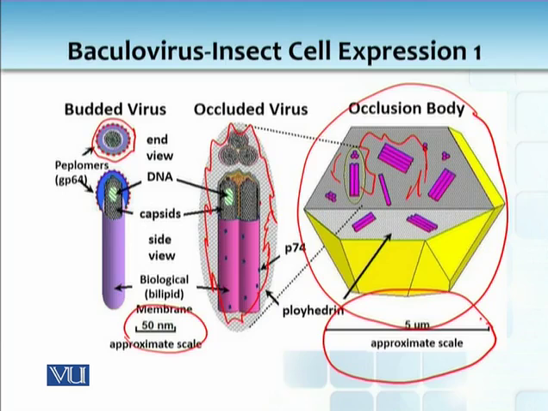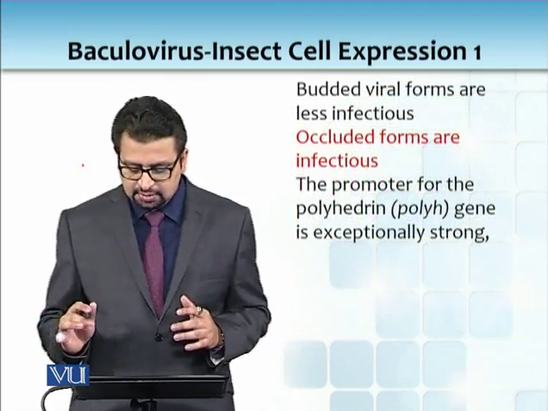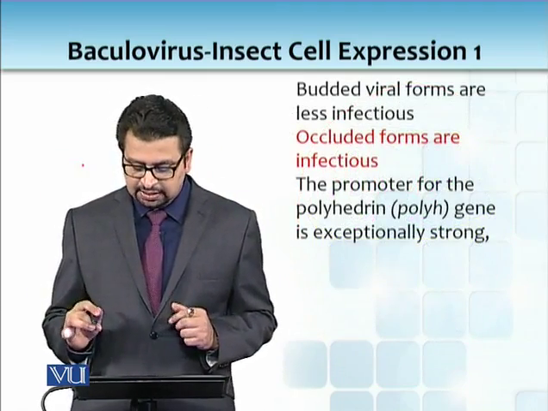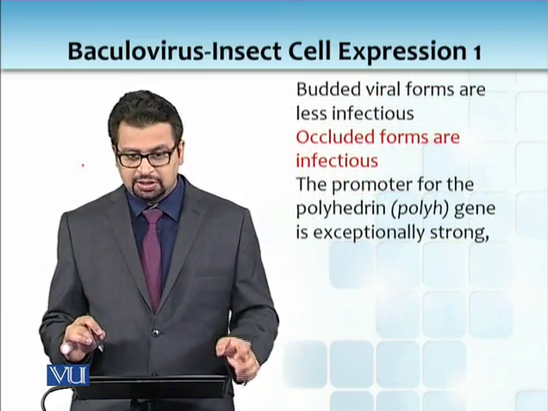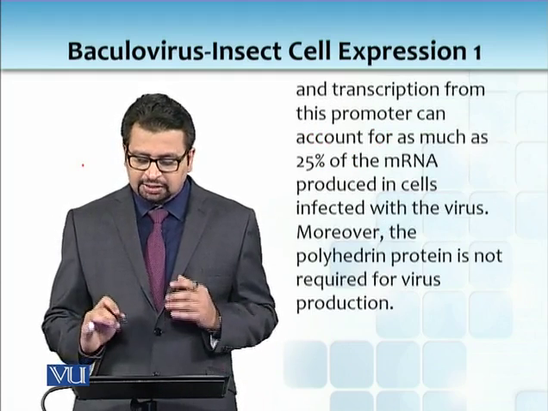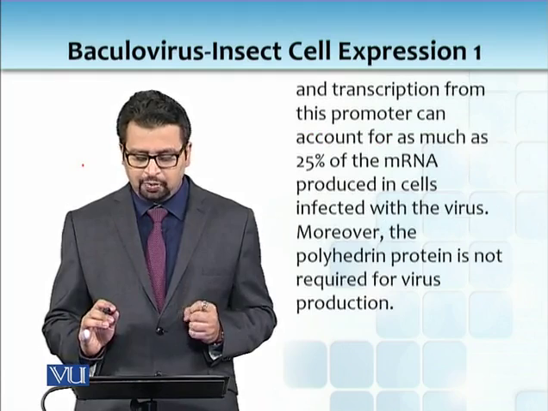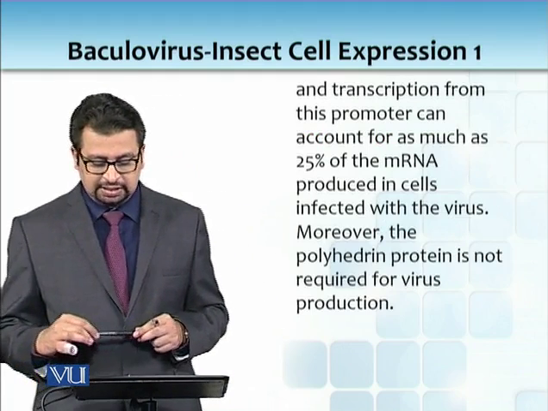Also, you have to keep into account GP64, which is the protein involved in infection. Budded viral forms are less infectious and occluded forms are infectious. The promoter for the polyhedrin gene is exceptionally strong, which is good for production. And transcription from this promoter can account for as much as 25% of the mRNA produced in the cells.